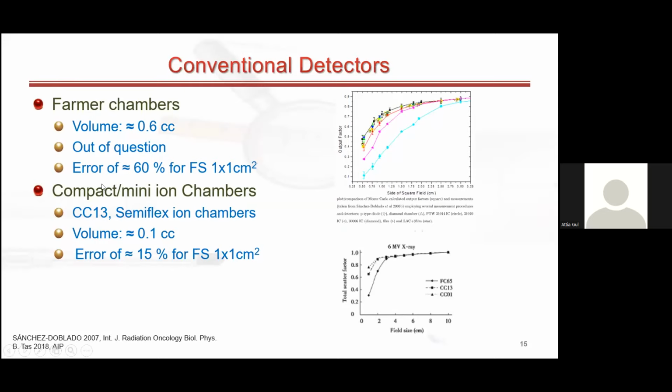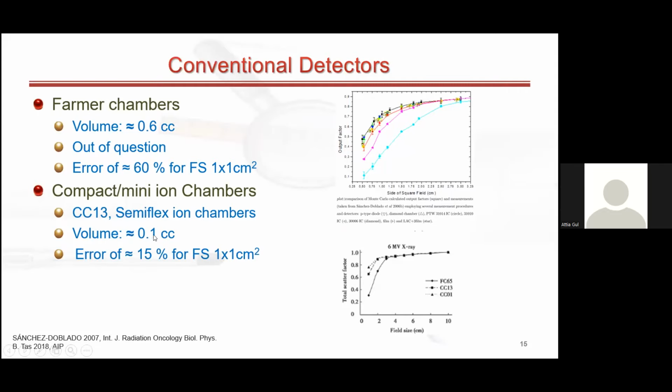Then we also have, all must be having, compact or mini ion chambers that are usually used for our commissioning and routine beam profile and PDD measurements. IBA's CC13, and in PTW it is the semiflex ion chambers.